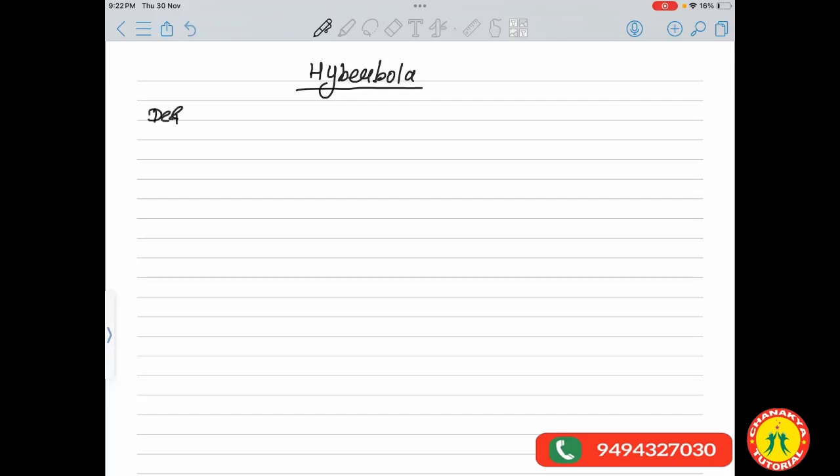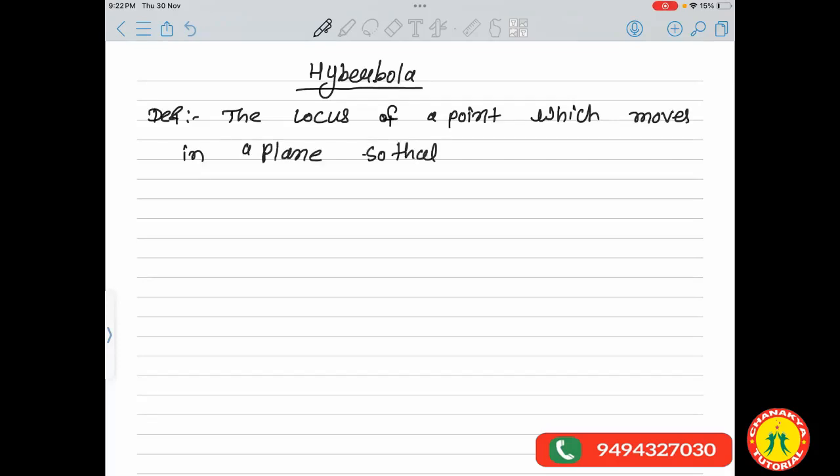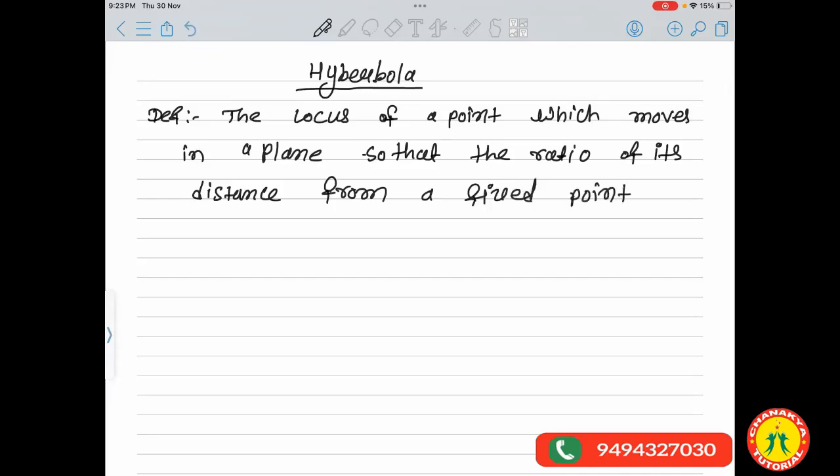So now the definition: the locus of a point which moves in a plane so that the ratio of its distance from a fixed point, always called focus, to the fixed line, is constant.